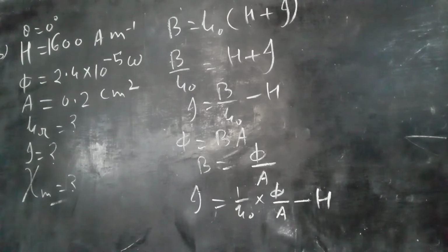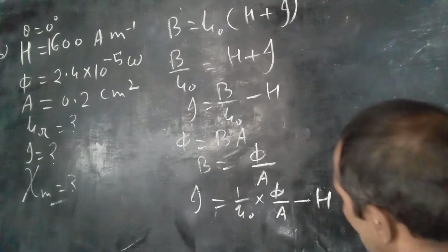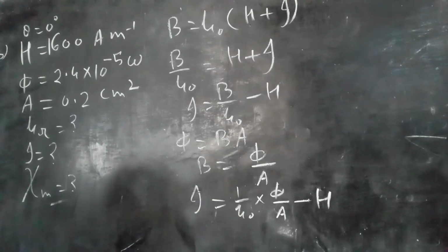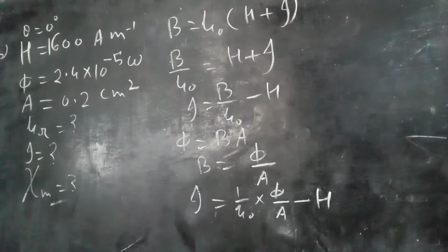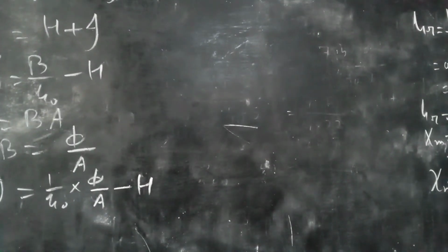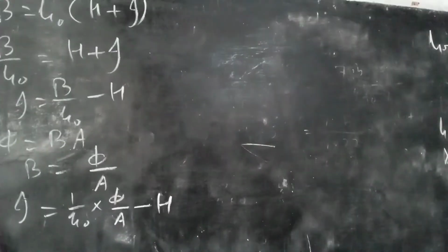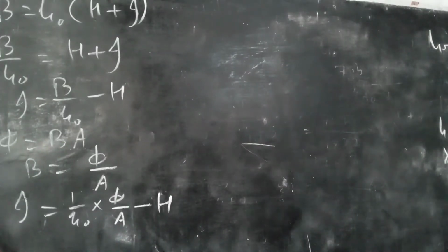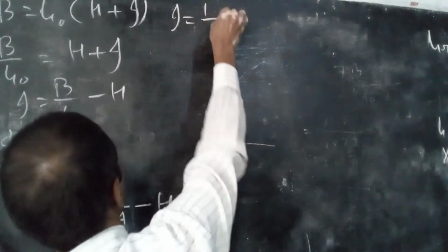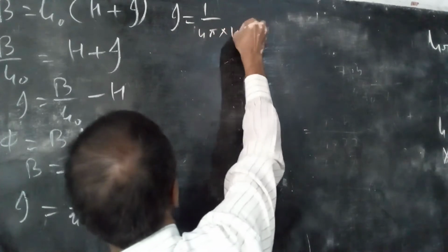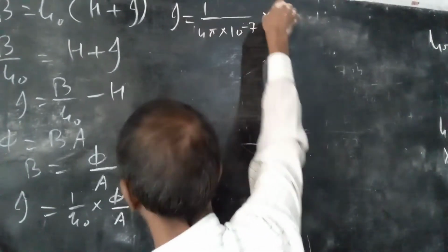Now, put the values in this equation, then we get I is equal to 1 upon mu naught, so 1 upon 4 pi into 10 raised to power minus 7 into 5.